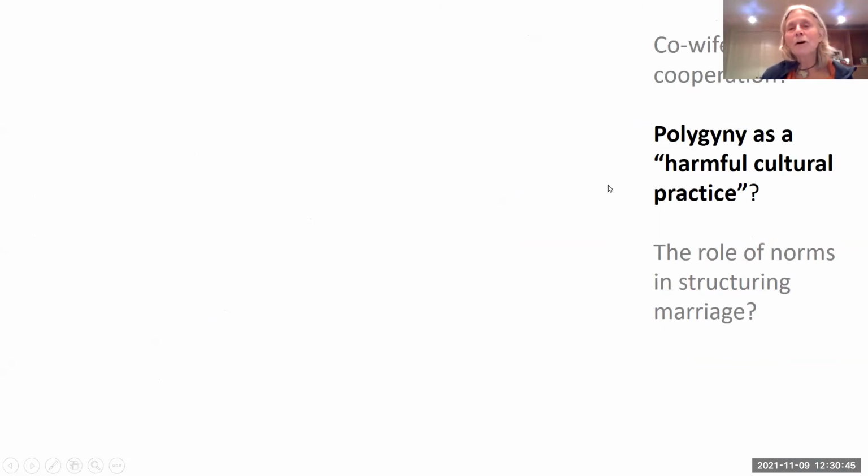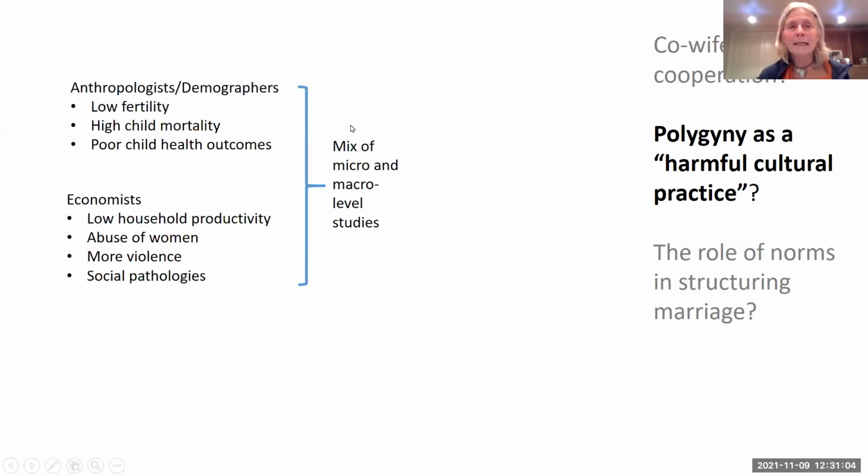The second, sort of orthogonal, issue I want to bring up is this idea, well, it's more than an idea, the United Nations Commission for the Elimination of Any Form of Discrimination Against Women identified polygyny as a harmful cultural practice. And they did this basically on the basis of a mix of data from both micro and macro level studies, partly from anthropologists and demographers.